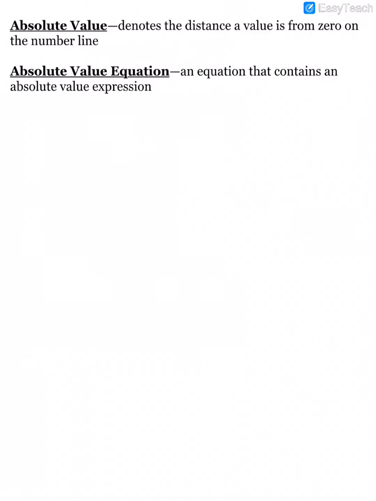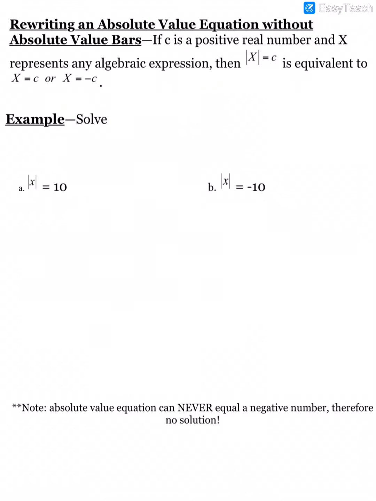An absolute value equation is, of course, an equation that contains an absolute value expression. When we rewrite an absolute value equation without the absolute value bars, we have to write it with both possible solutions. Meaning, if I take this absolute value equation, the absolute value of x equals c, that means x could be positive c or it could be negative c.